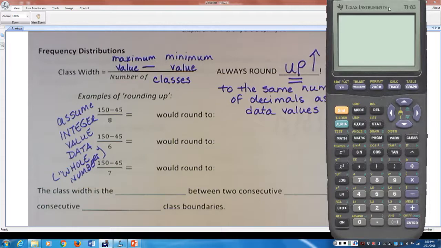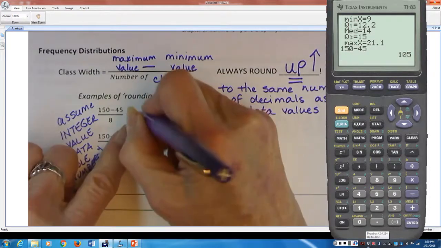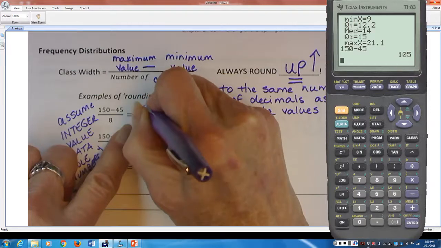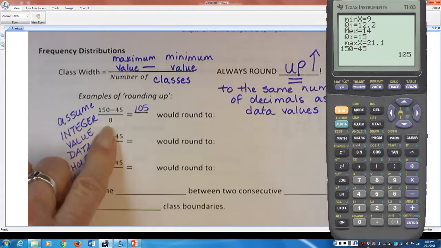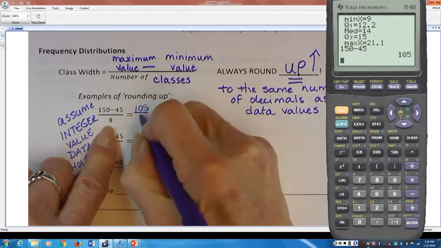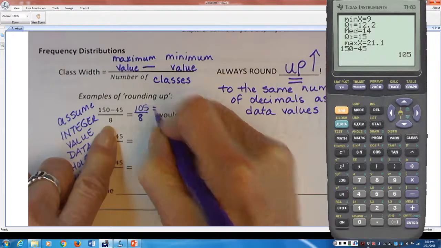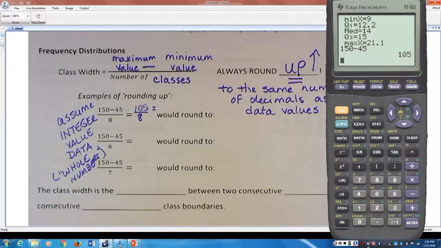So we take our maximum data, which is 150, and we subtract the minimum data, which is 45, and we get 105. And it says we want 8 classes, so we're going to divide 105 by 8. And get 13.125.